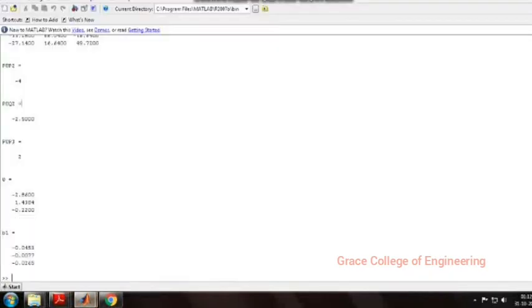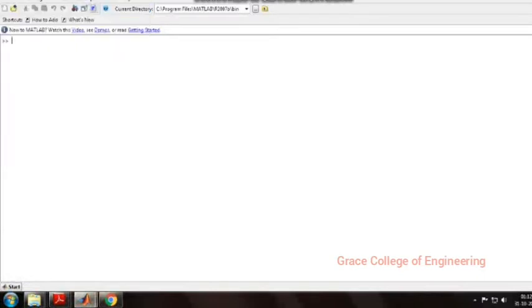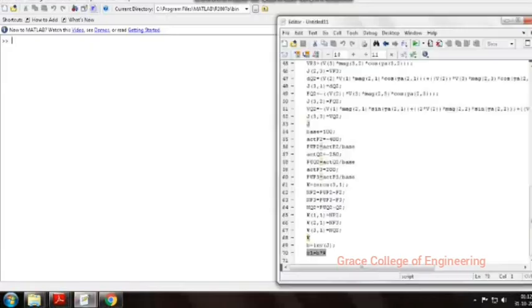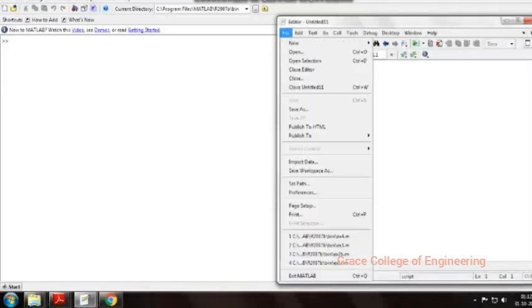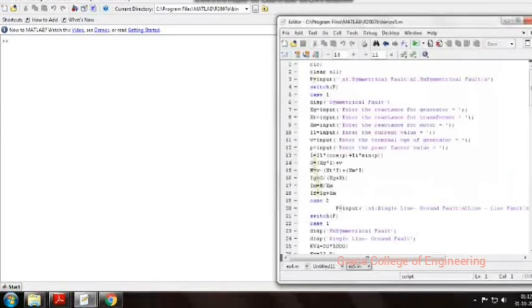Now we can see the program. We have to clear the command window and we have to type the command in a new M file. I have already typed here and therefore I just take the program.